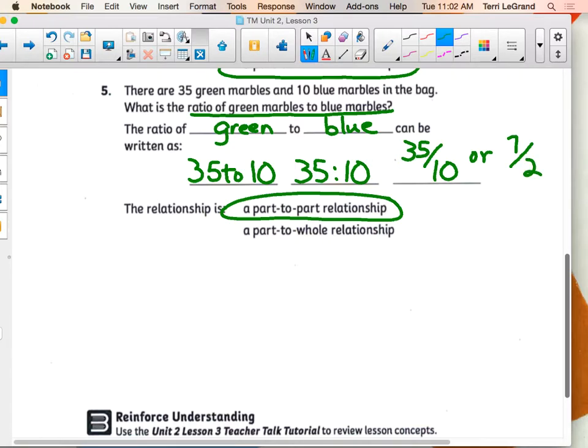So now what is that ratio saying it as? 35 marbles that are green compared to 10 marbles that are blue is the same as 7 green and 2 blue. So we have to understand that there are different names for the ratios also. Because that's what we're going to start moving into next year. Okay? And you've already done some work with it and don't even realize it.